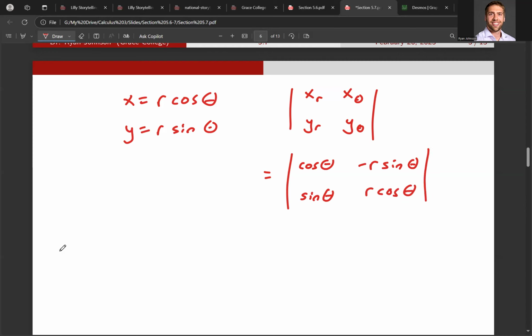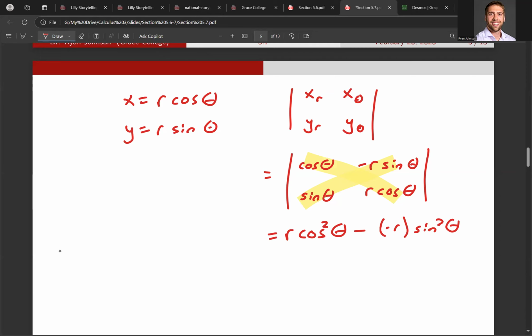And so then you do that minus that. Okay, so this is equal to r cosine squared theta minus negative r sine squared theta.